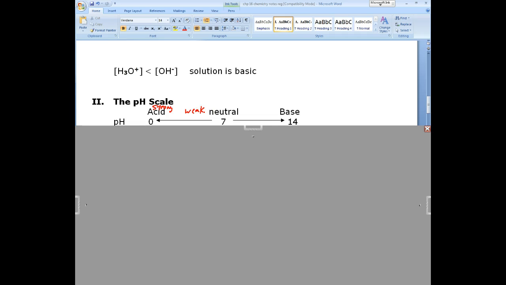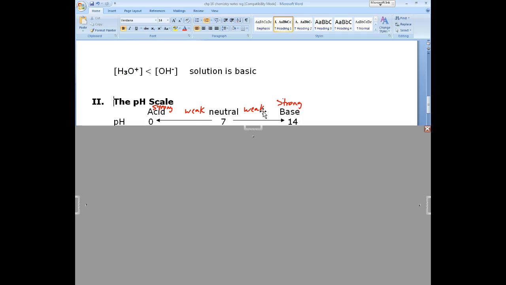Again, considering that they are all at the same concentration, because I can make things a little more acidic by dealing with concentration. Our strong bases would be at the other extreme end of the pH scale, so they're around 13 and 14, and our weak bases would be somewhere around 8 or 9.